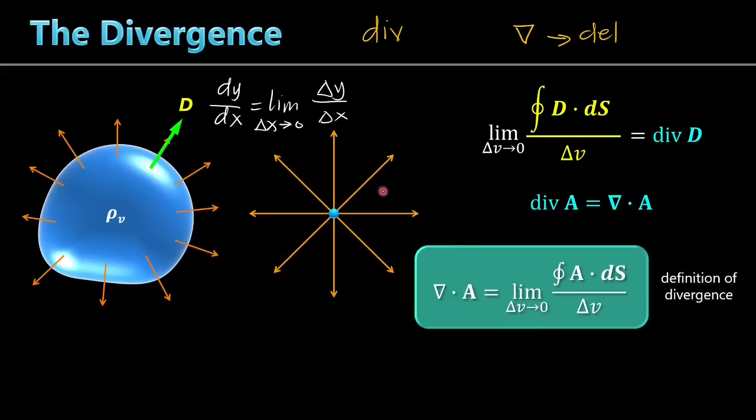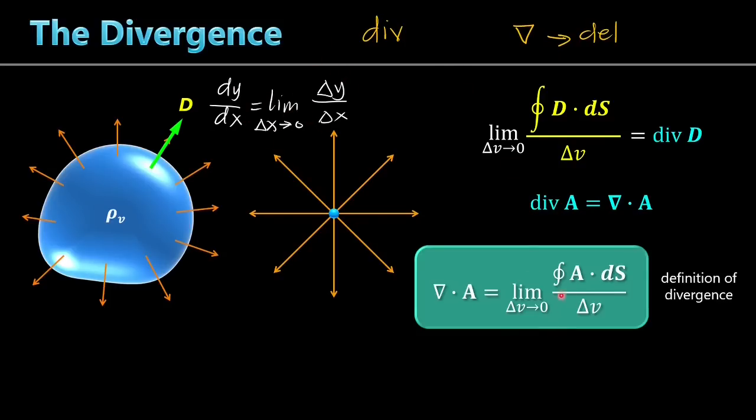O, diba? Same lang sila ng format. Pero yung derivative na iyan, yung delta Y over delta X, yan ay slope. At kapag ang delta x ay nag-approach sa zero, yung line ay nagiging tangent line. That is why we interpret the derivative as the slope of the tangent line.